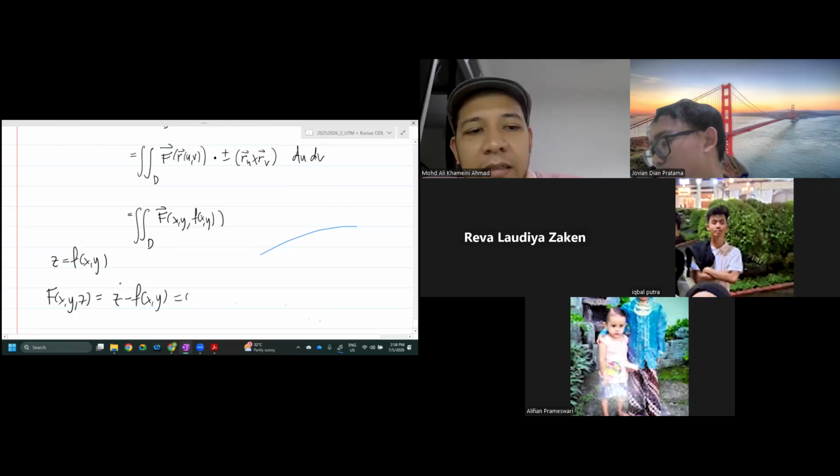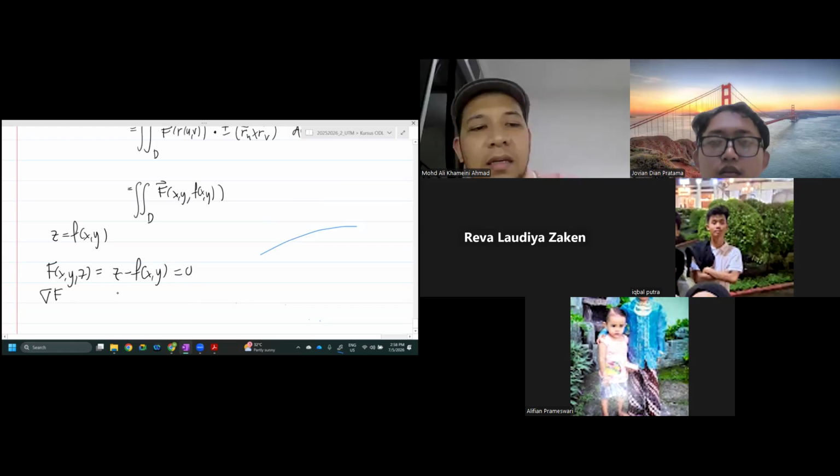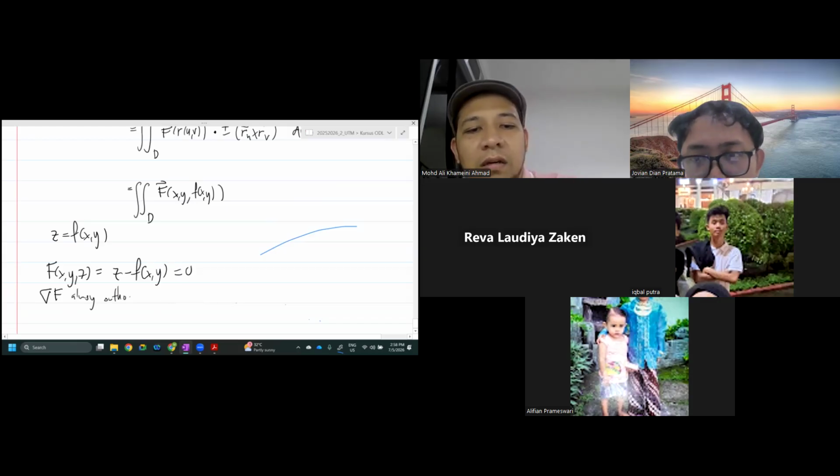And if you notice, if you have a level surface and you take the gradient, it is always normal to the surface. So this is always orthogonal to the surface, 90 degrees to sigma.